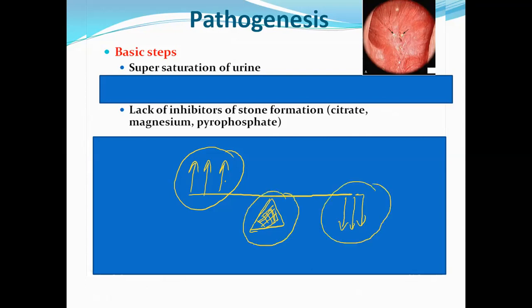So there is a delicate balance between these three components which always prevents stone formation. But whenever this balance is disturbed, either by an excess of electrolytes, like increased calcium or oxalate level in the urine due to any cause, or at the same time, when the inhibitors may be decreased, like citrate is decreased, or whenever there is a lack of water in the urine due to dehydration.